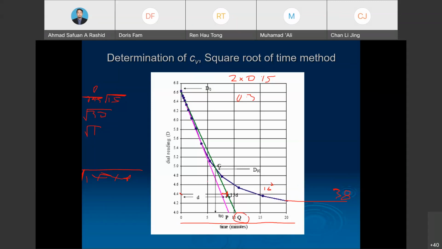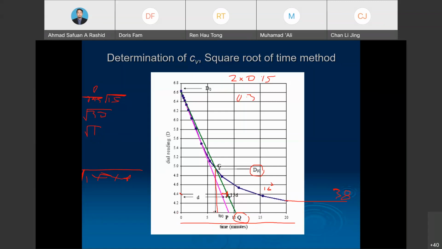So the intersection between the green line with the blue line, we call as a D90. Kalau sebelum ni D50 kan, while this is D90. So from this D90, the same procedure, you need to draw a vertical line until it reach the X axis.